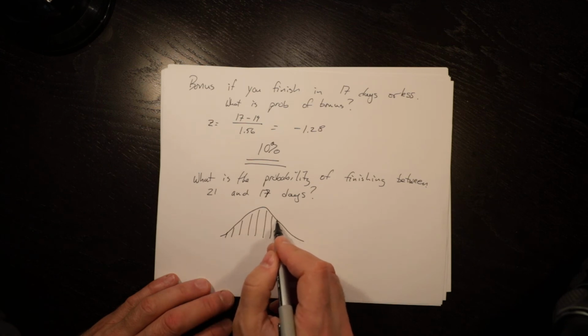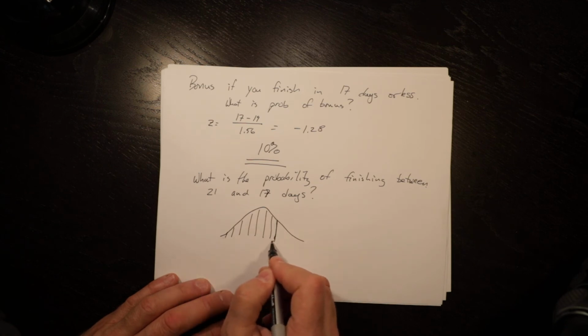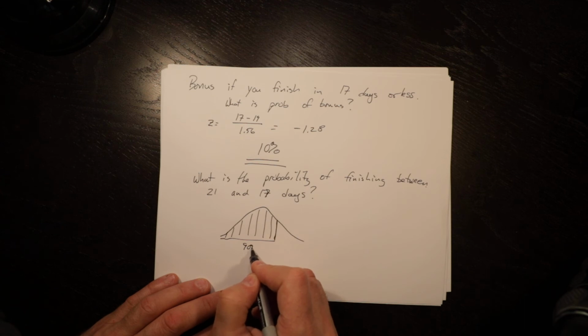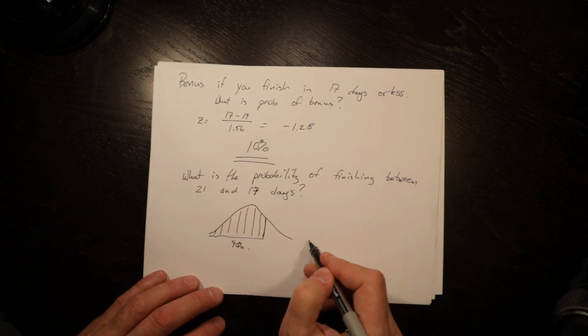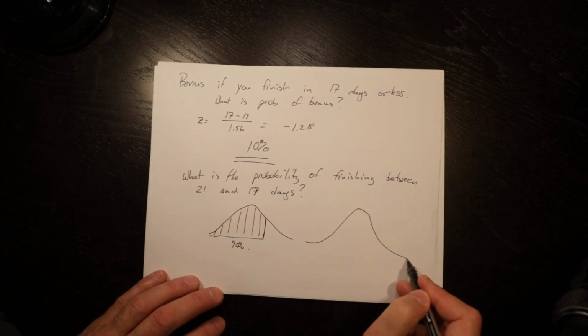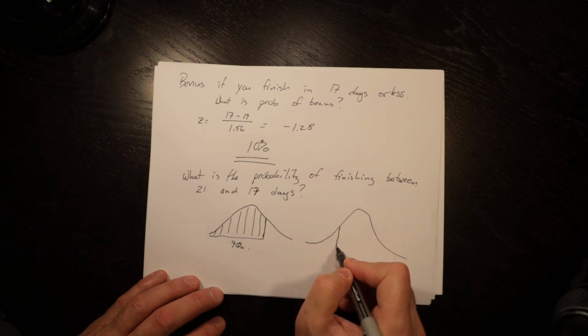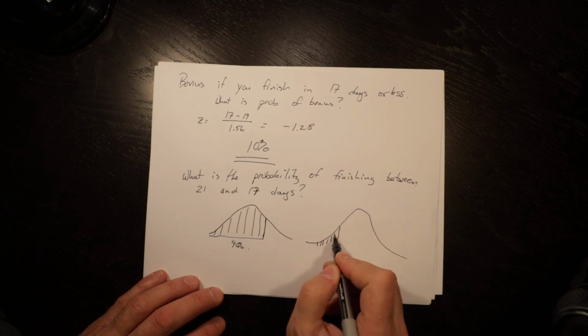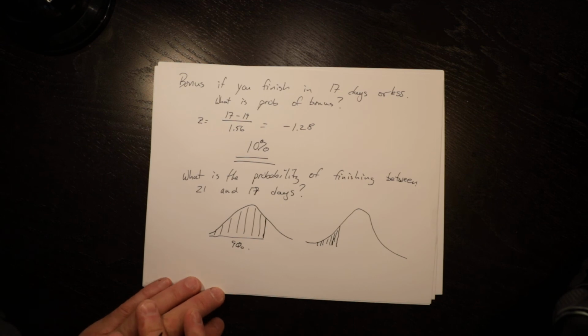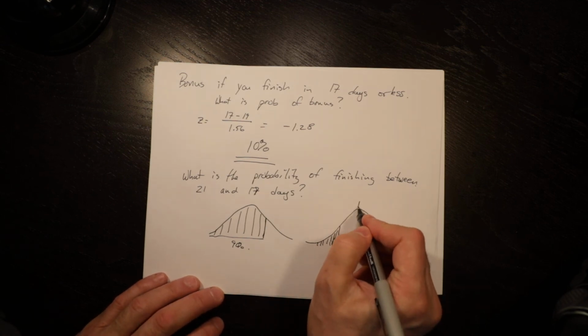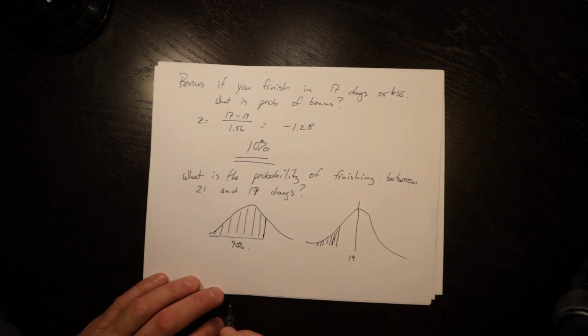Anything less than 21 was 90%. We also know that 17 was that area up to 17, because the middle here is 19.